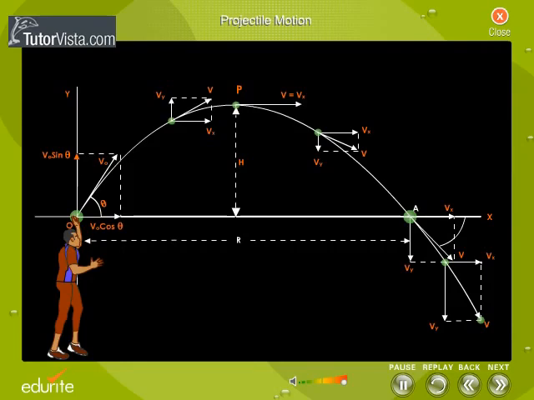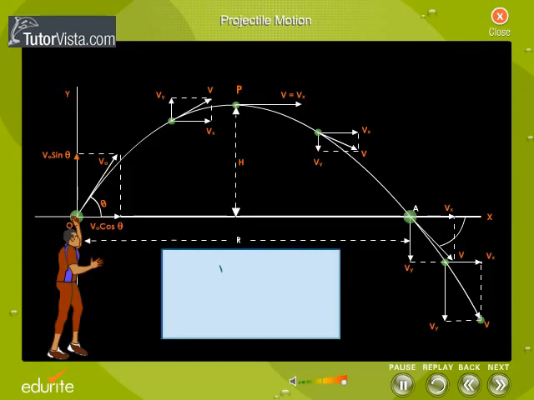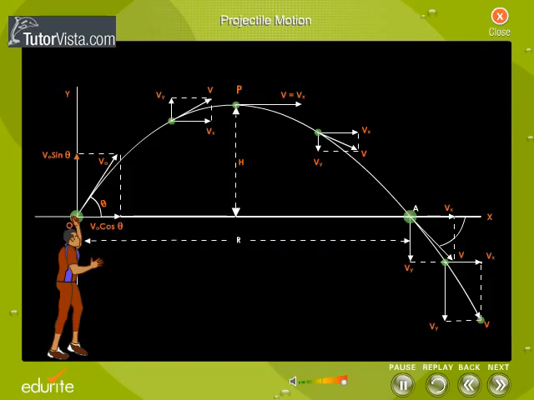Let us now find out the resultant velocity of the projectile at any instant. The resultant velocity v is equal to vector Vx plus vector Vy. By the parallelogram law of vectors, v is equal to the square root of Vx squared plus Vy squared. v is equal to the square root of (V0 cos theta) whole squared plus (V0 sin theta minus gt) whole squared.